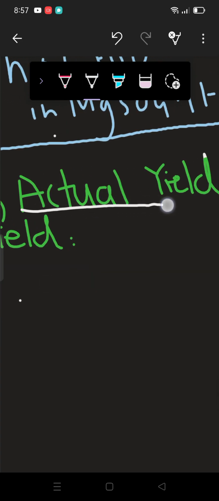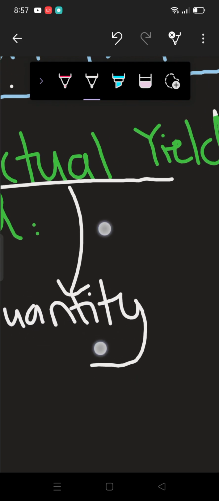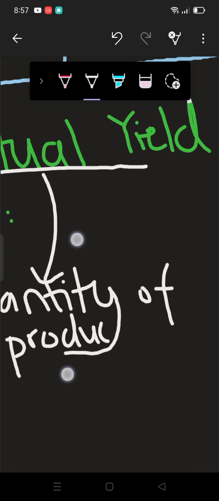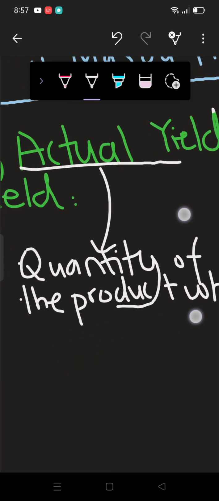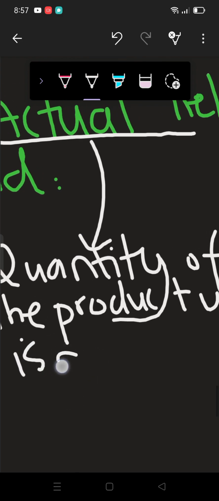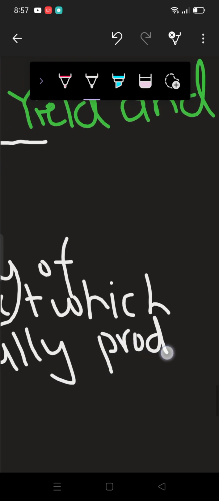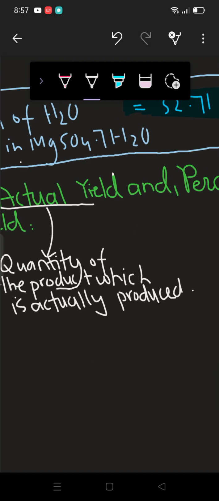So it is basically the quantity of the product which is actually produced by a chemical reaction, right, is what we call the actual yield.